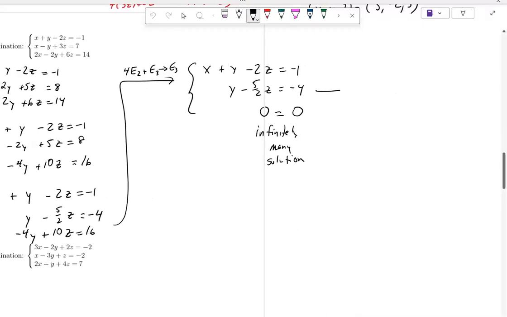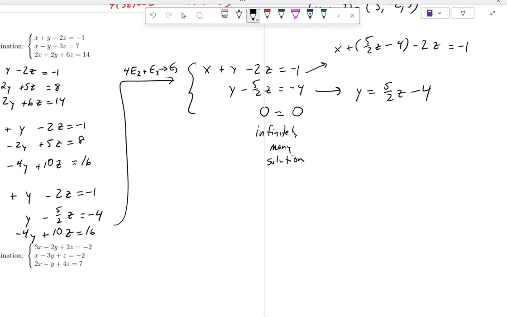So for this one, I would solve for y. I would add the 5/2 z to the other side. And again, if I know a value for z, then I know a value for y. Doing that back substitution again, I would plug in: x plus 5/2 z minus 4 minus 2z equals -1.